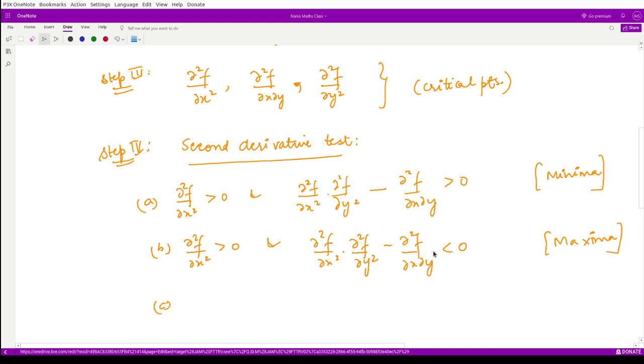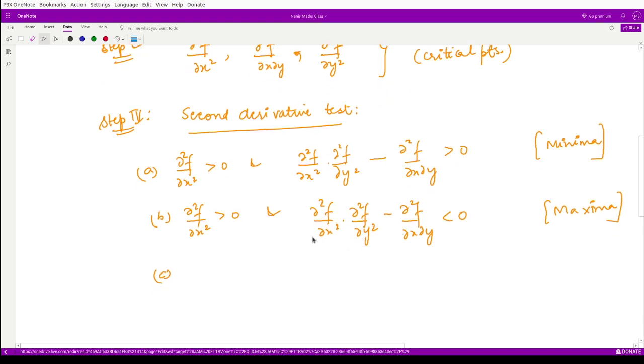In the third case, when the sign of this term, that means del 2f upon del x2 into del 2f upon del y2 minus del 2f upon del x del y squared, is equal to 0, your test is inconclusive.